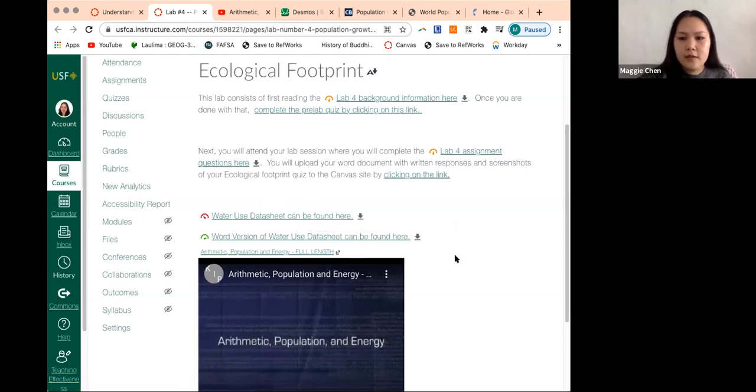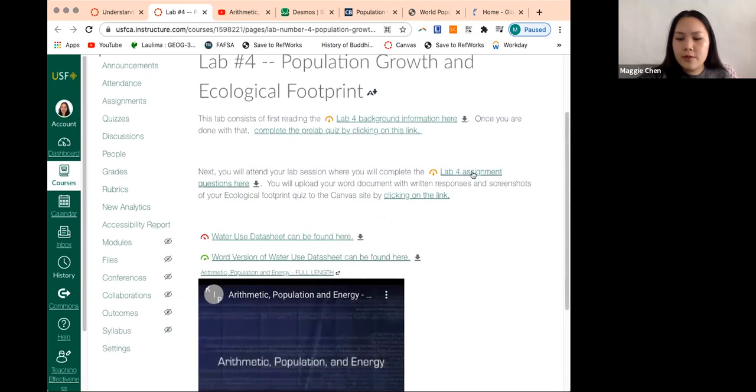Also for today, we are going to be going over the lab 4 assignment questions. When you click on the lab 4 assignment questions, that should download as a Word doc where you can answer some questions later. But this is where you can find your water use data sheet to see what it would look like when you start filling it out.